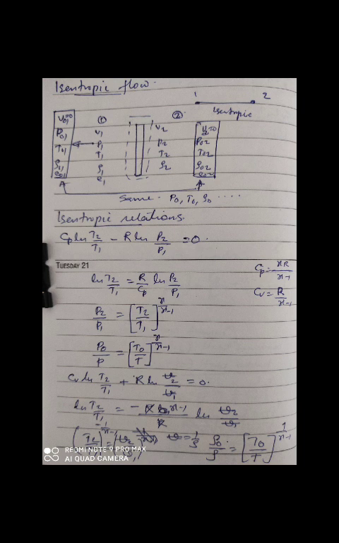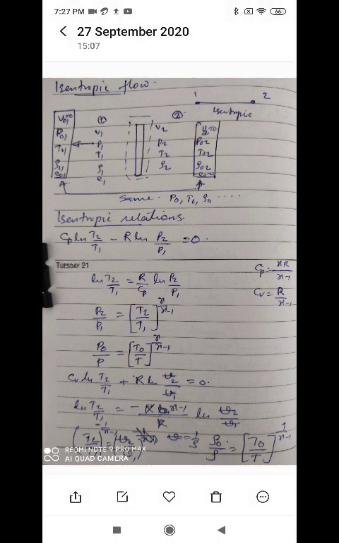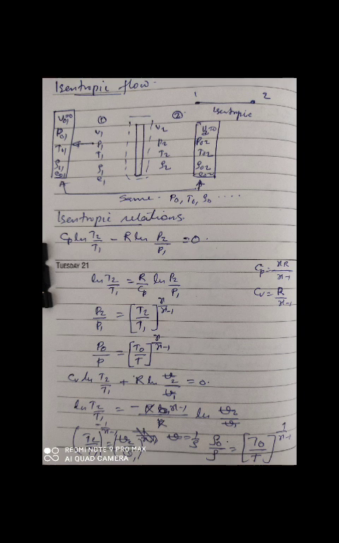Now we are going to derive some expressions for isentropic flow. First one is change in entropy. In isentropic flow we know that it is 0. So we can write Cp ln T2 by T1 minus R ln P2 by P1 is equal to 0.